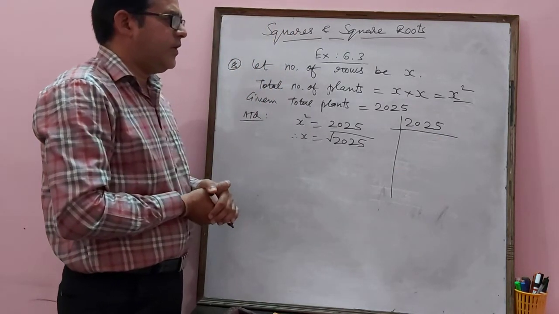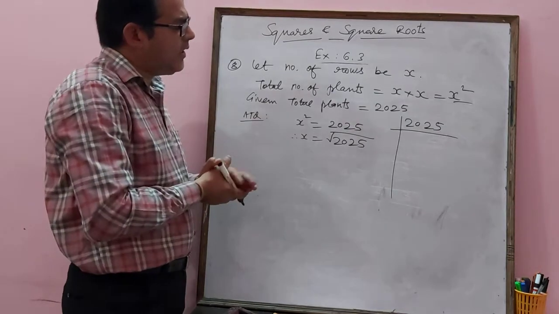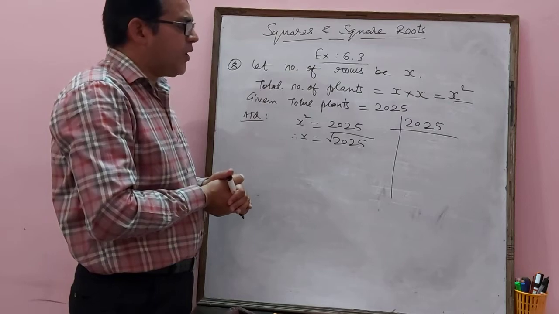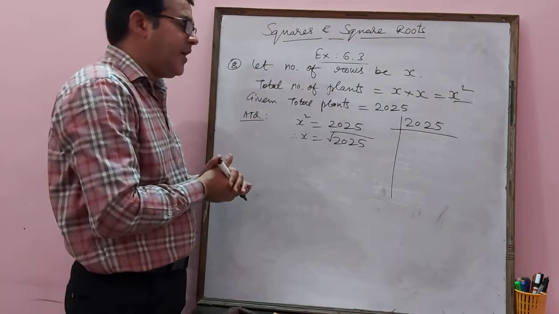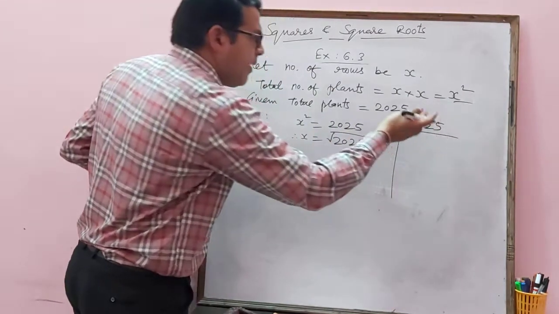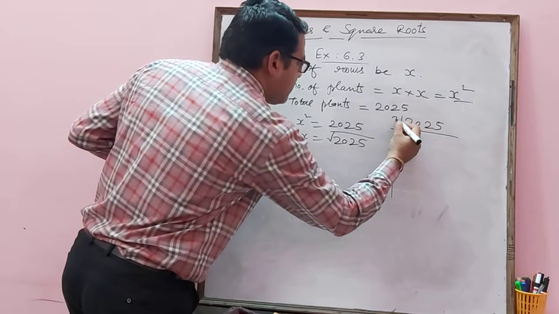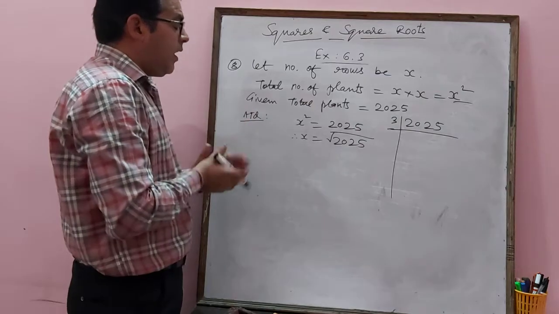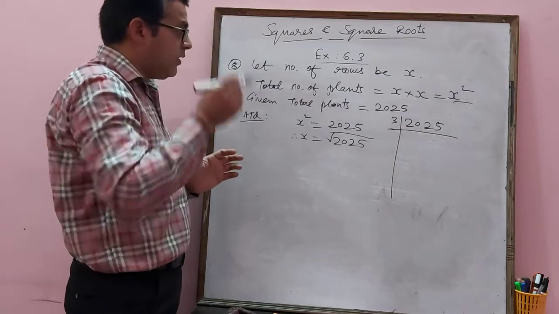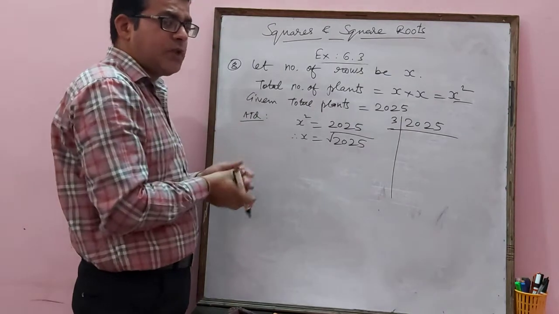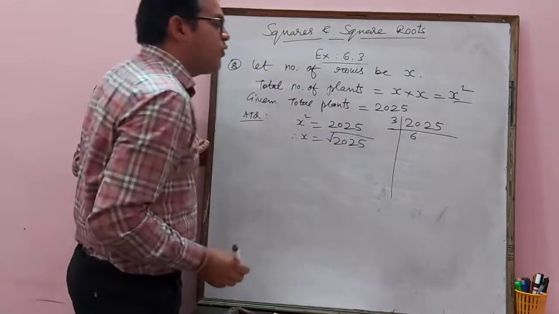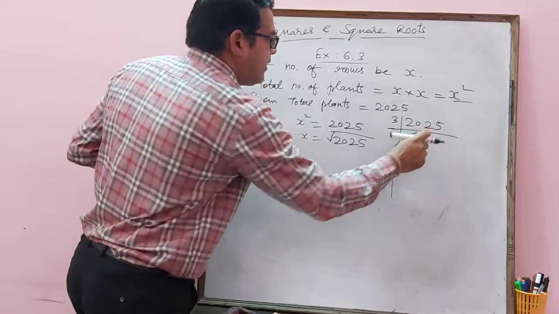2025. Right? So you can see here it is divisible by 3. 2 plus 2, 4 plus 5, 9. So we can easily divide it by 3. You can also divide it by 5, but the very first prime number is 3. So I am dividing it by 3. After 2, since 2 is the smallest prime number, but by 2 it is not divisible. So 3 6s are 18, 2 is left. Now it is 22.